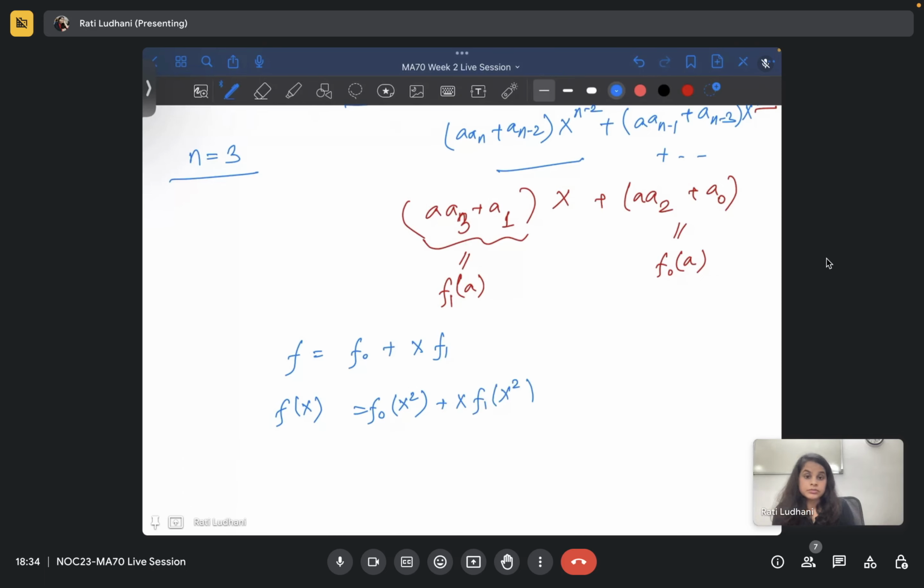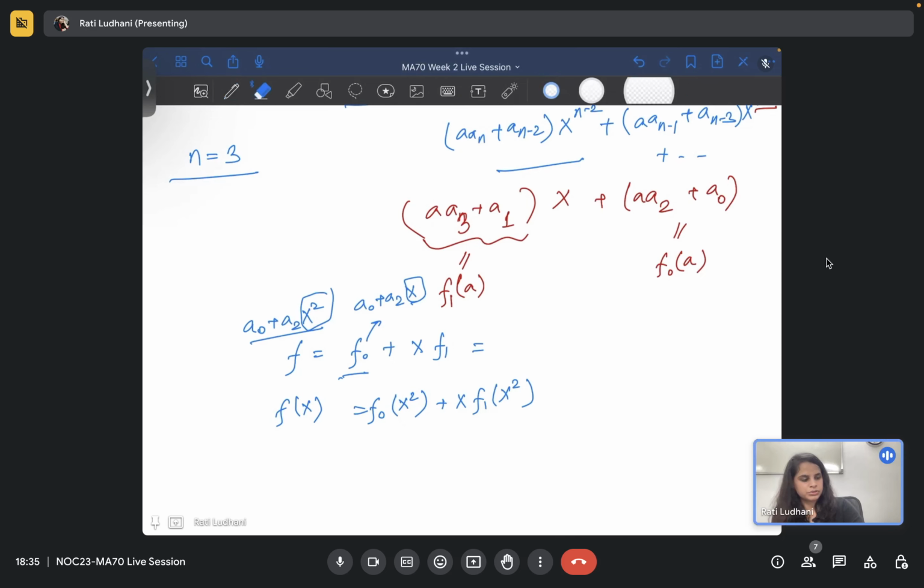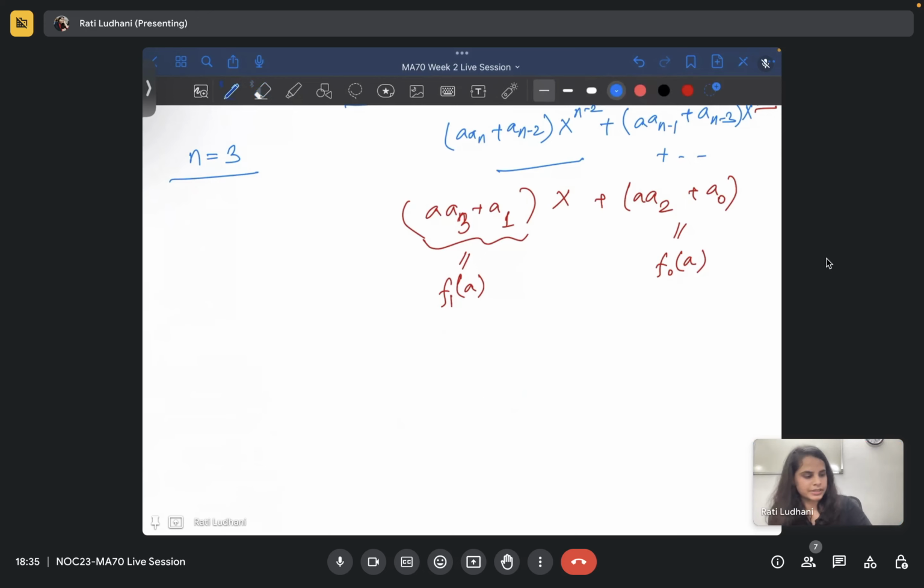No, you have to write x square. Otherwise it won't be the same, because you have a0 here plus a2 x square, and from f1 you have a0 plus a2 x. This part, the power is not the same. I got it, ma'am. So you have to have this x squared. Okay, got it. Where I went wrong.